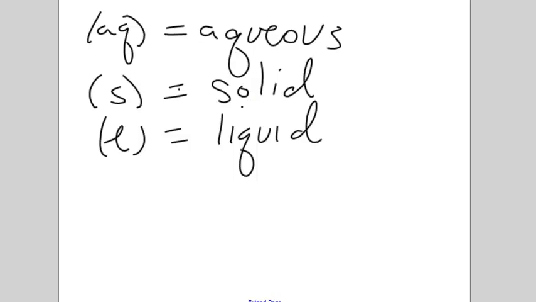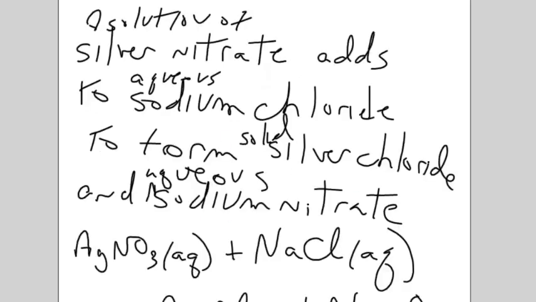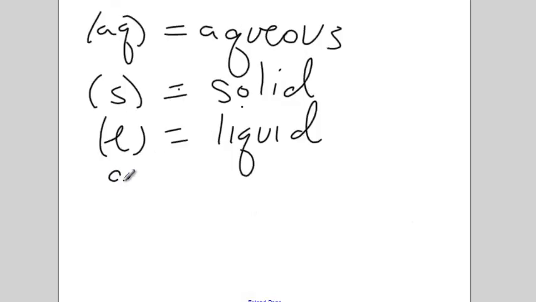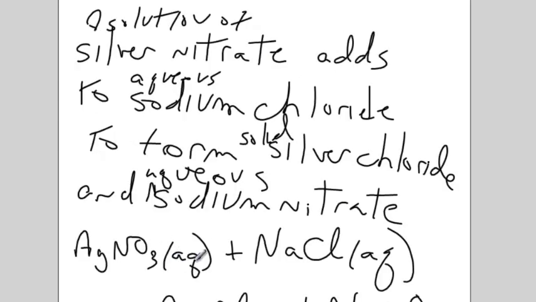And you'll notice I didn't put water in here at all. I said it was an aqueous solution, but water is not in here explicitly. There's no H2O here at all. You might see a lowercase g, that's gas. All those things might be in parentheses after a formula.